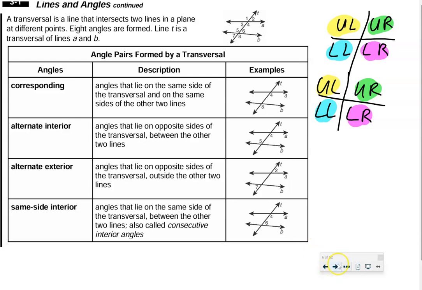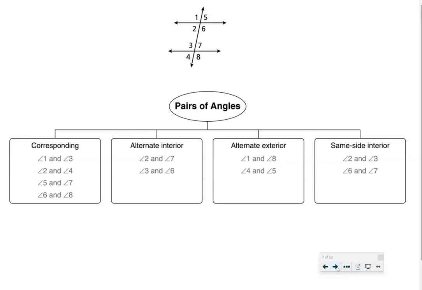Alright, so let's take a look at another graphic organizer here. So here you see another transversal, and we've got the 8 pairs of angles. I just want to show you each one. So you have corresponding, alternate interior.